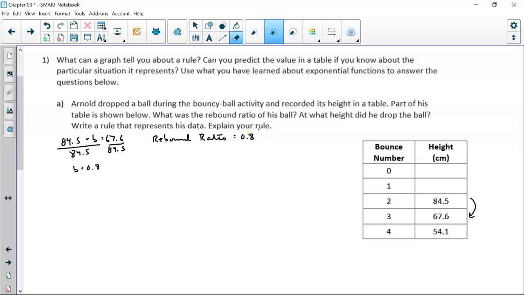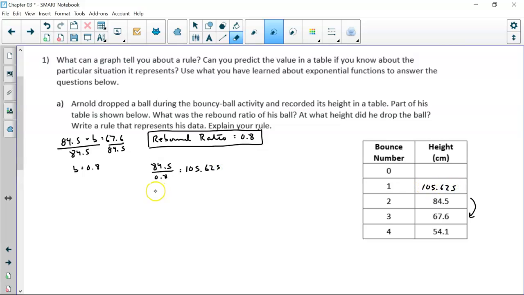Now, we need to find the initial height as well. We need to go back. So each time we're going to be dividing by 0.8 to go backwards. So 84.5 divided by 0.8 is 105.625.